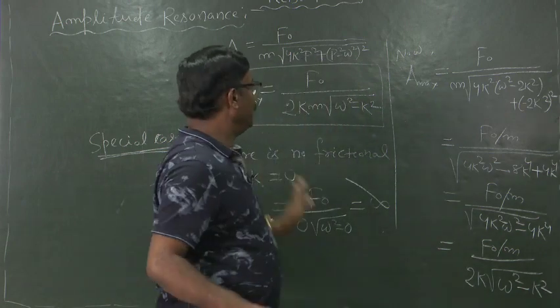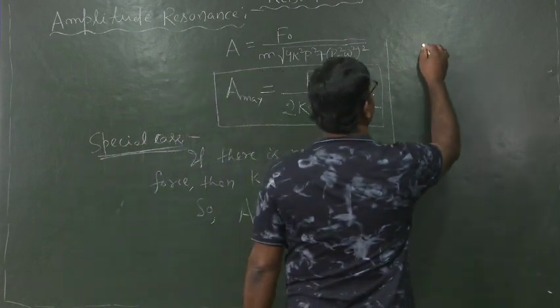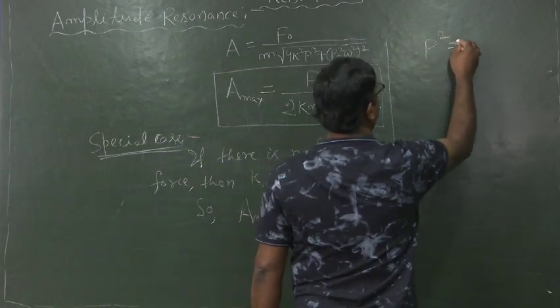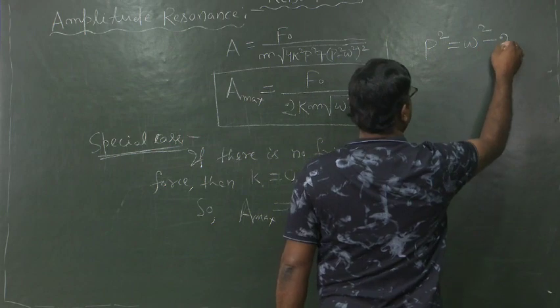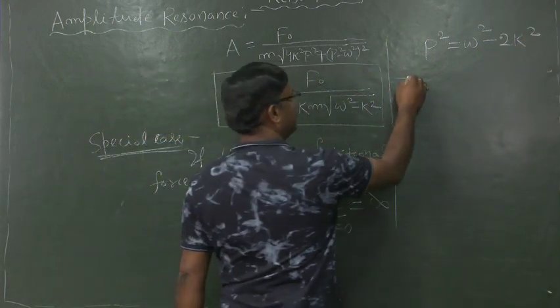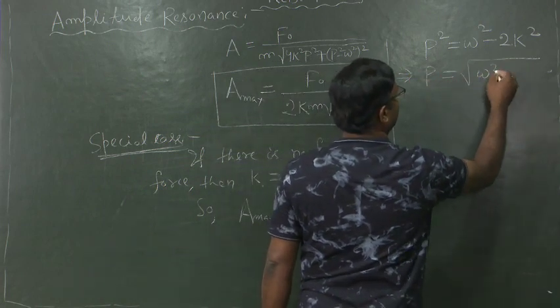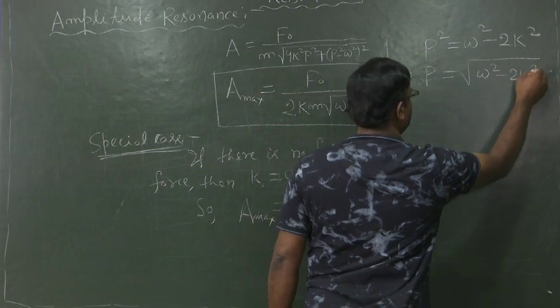Okay, we know that p square is equal to omega square minus 2k square, which implies p is equal to root over of omega square minus 2k square.